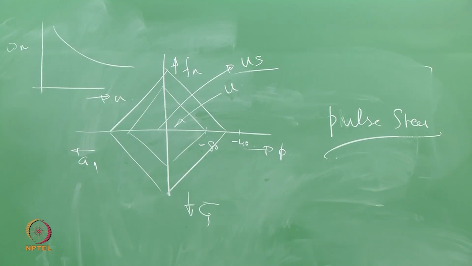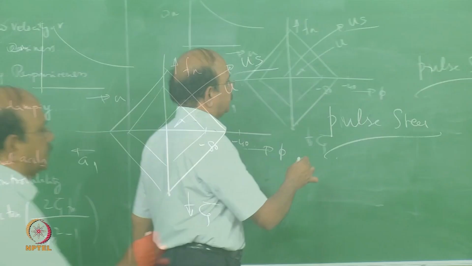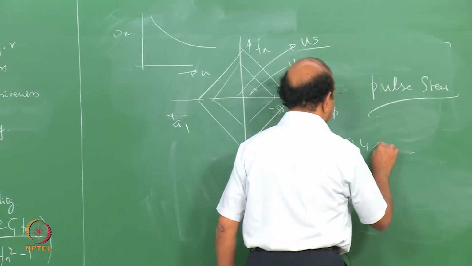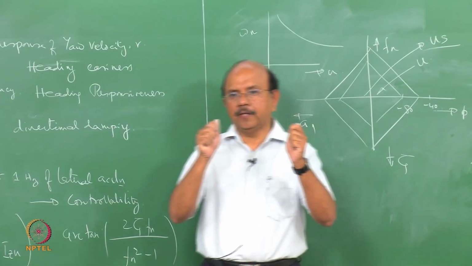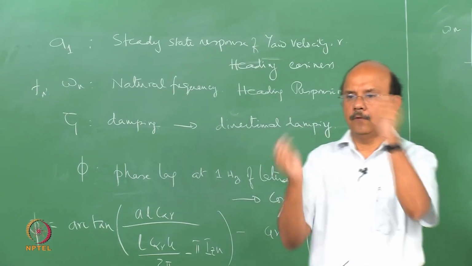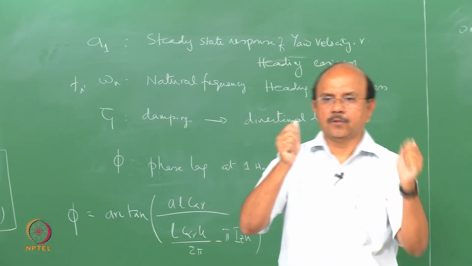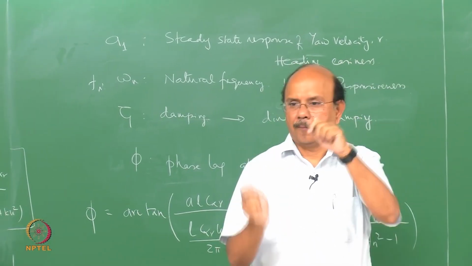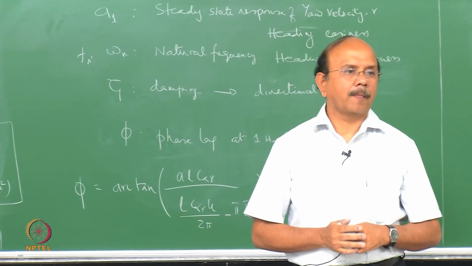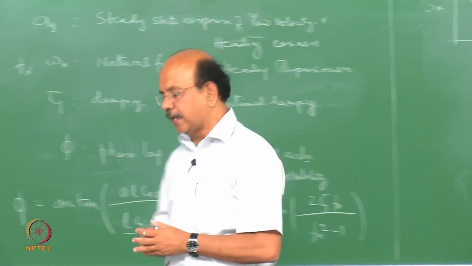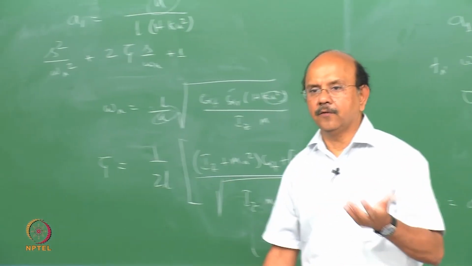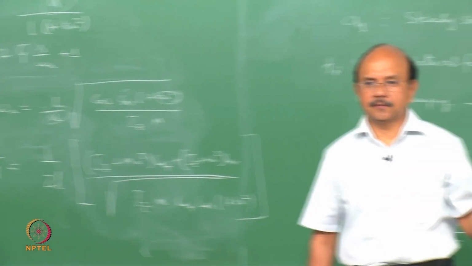In a pulse steer test, in a matter of 0.4 seconds, a steering input of about 60 degrees is given, and back. So that's the pulse steer. You give a pulse to the system. It's like giving an impulse.